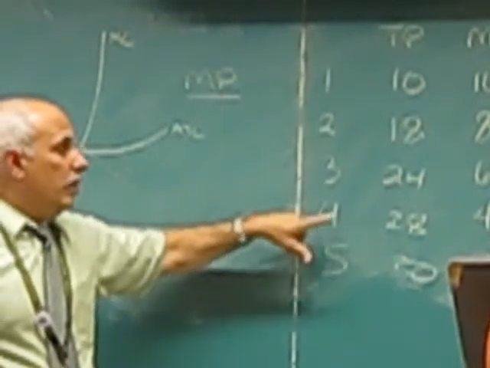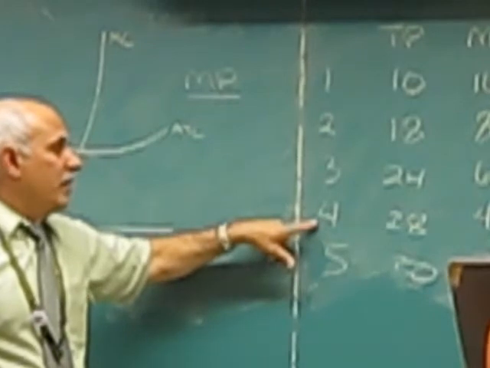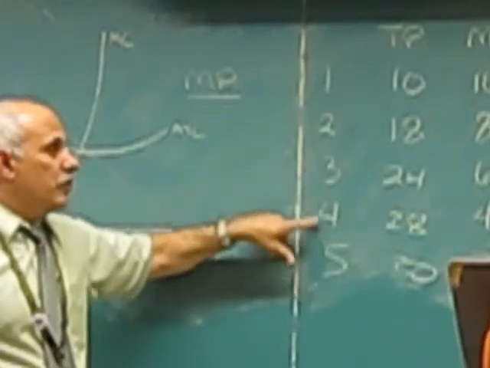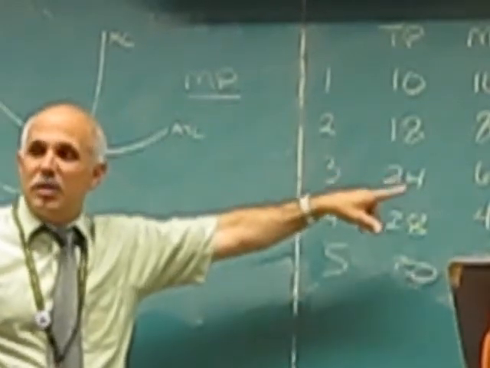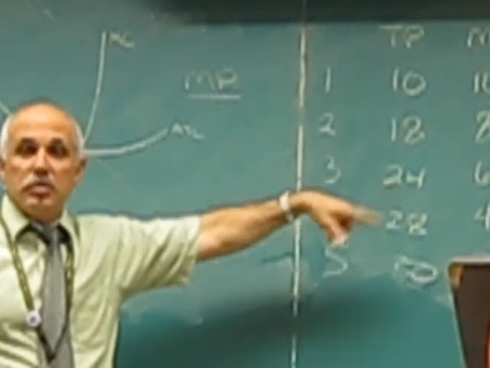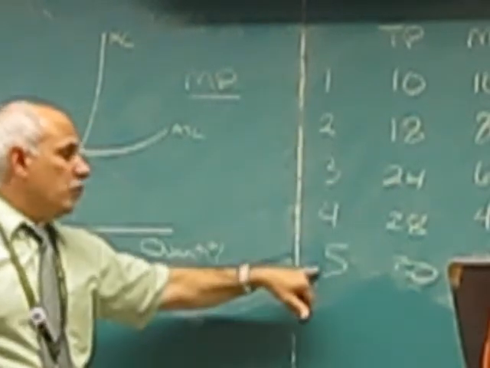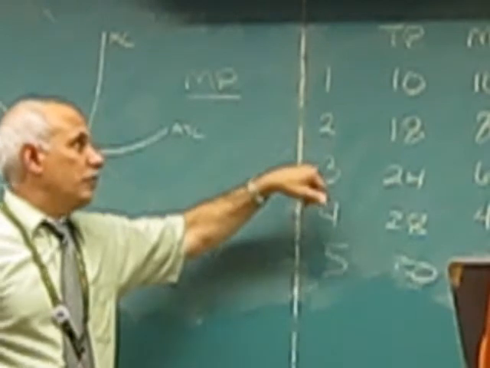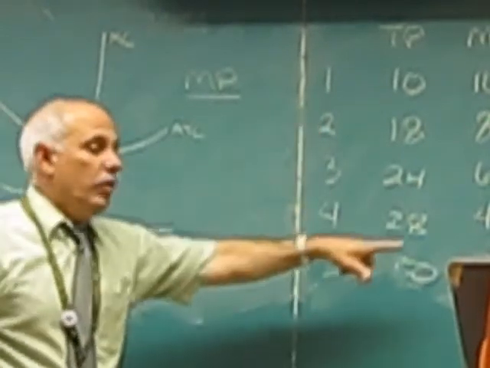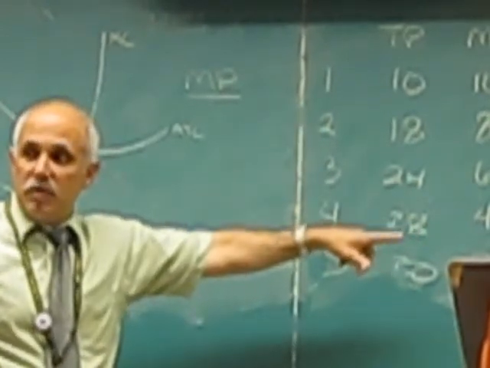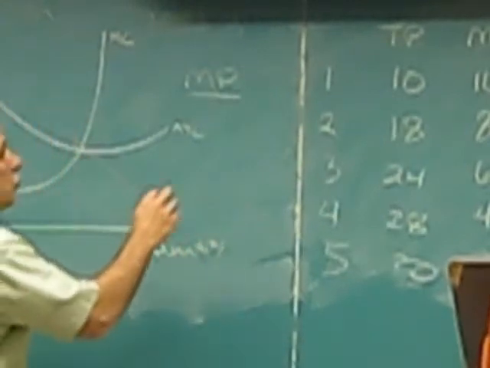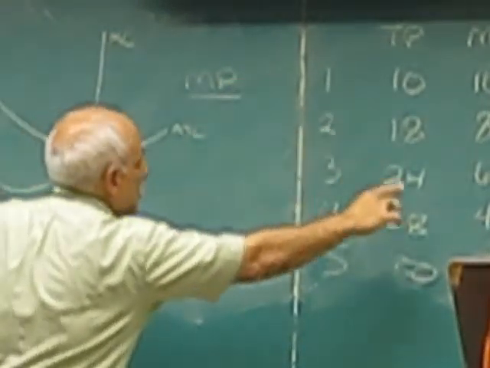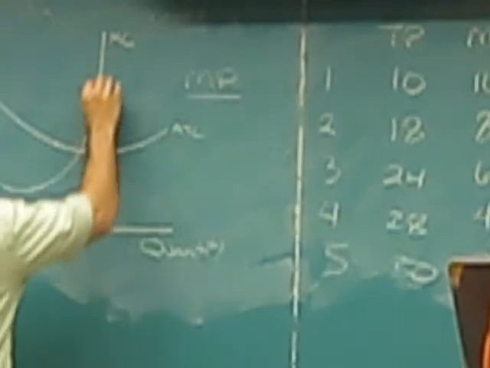The 4th worker I'm getting 4 units out of, paying the same as for the 3rd worker, but instead of 6 units I'm getting 4. So what's happening to the cost? It's going up. The 5th worker, I'm paying the same as the 1st, the 4th, all these other workers, but I'm only getting 2 units. So what happens to the cost of those units? It's going up. As soon as the marginal product begins to go down, the marginal cost begins to go up.